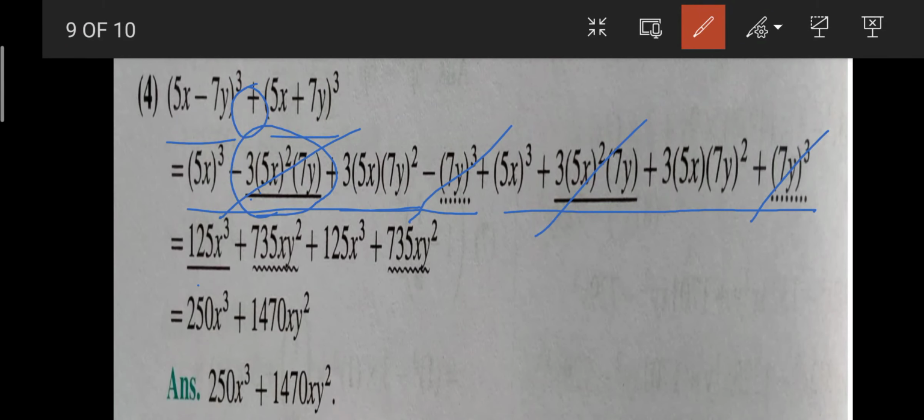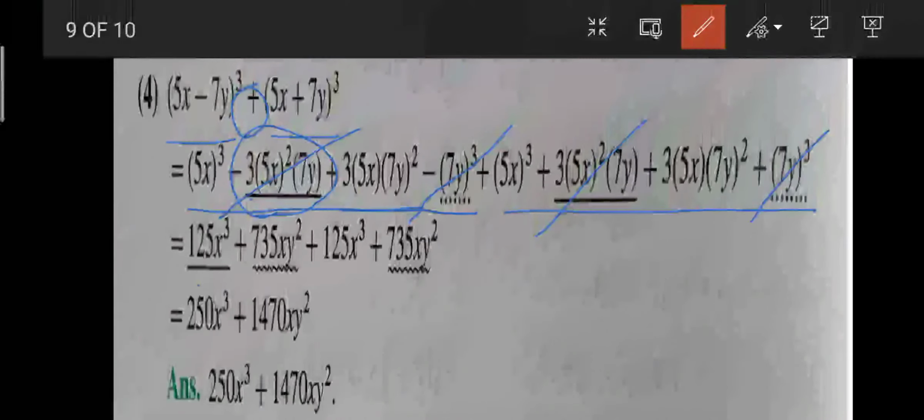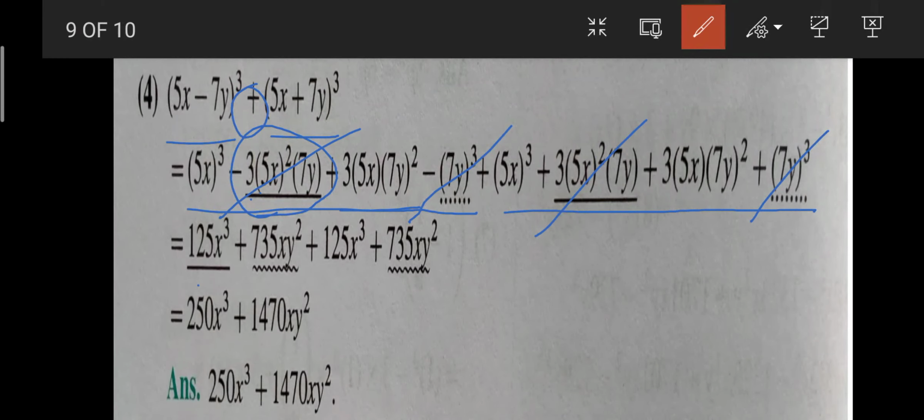It is left as the square of 7, that is 49, and 3 into 5, that is 15. So 15 into 49, we get the answer as 735xy square. And here again the same, and here we get the answer as 125x cube. Again if we multiply this, we get the same 735xy square.